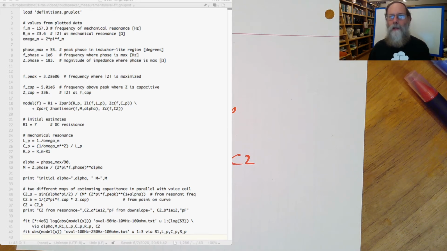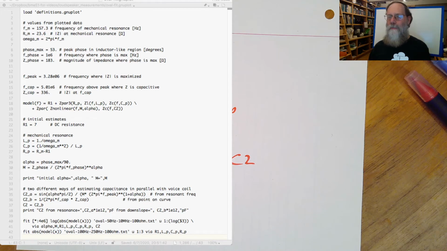And then I just said, let's take a look at what the impedance was at that 1 megahertz and make M equal to Z phase divided by omega to the alpha.